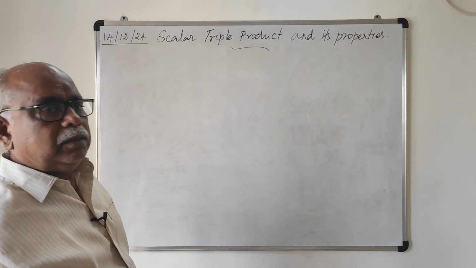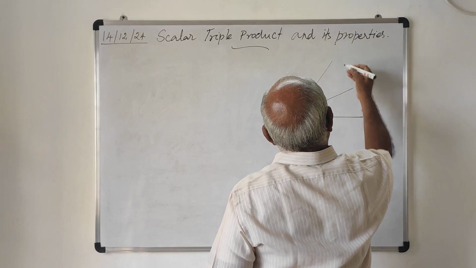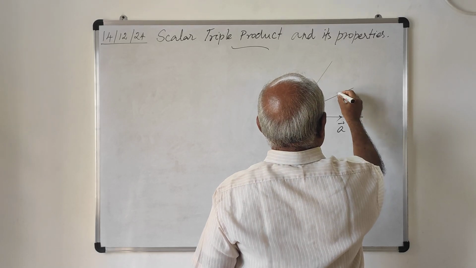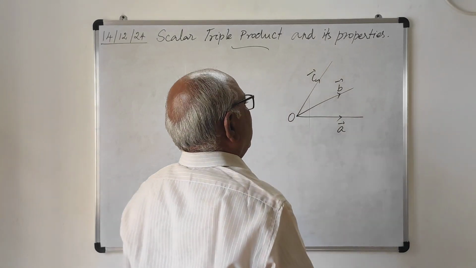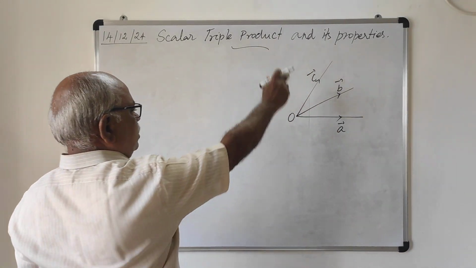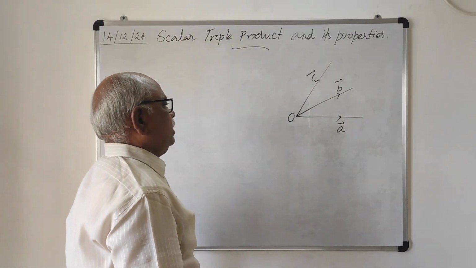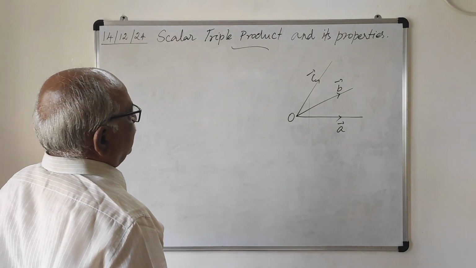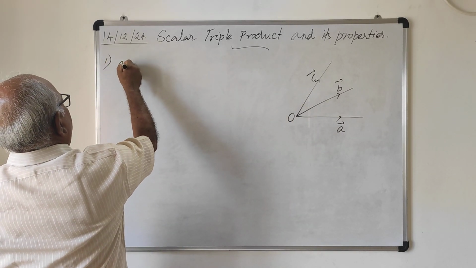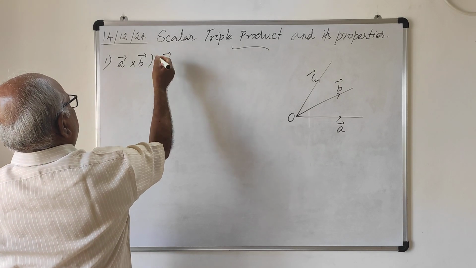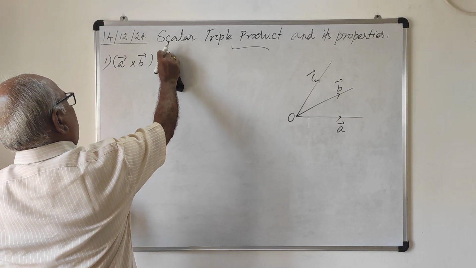You know, A, B, C are coplanar vectors with respect to the origin O; OA, OB, OC are the position vectors of the points A, B and C. The first property: A cross B dot C is the scalar triple product of the three coplanar vectors A, B and C.